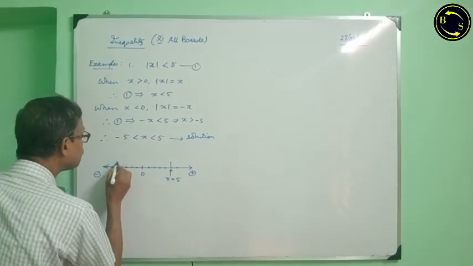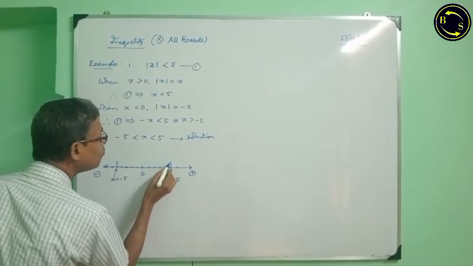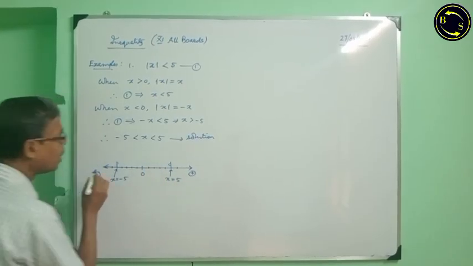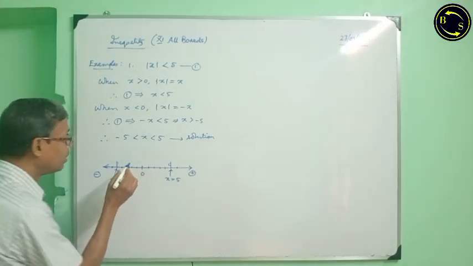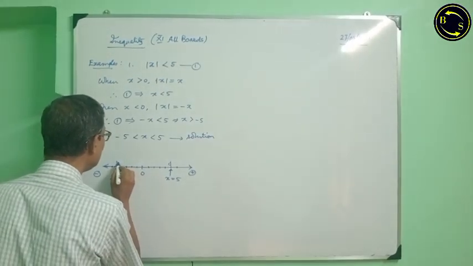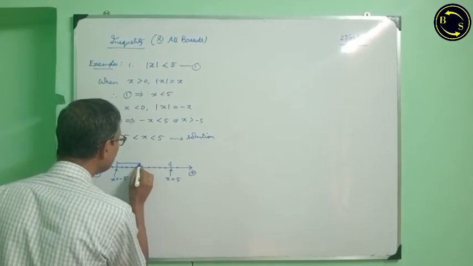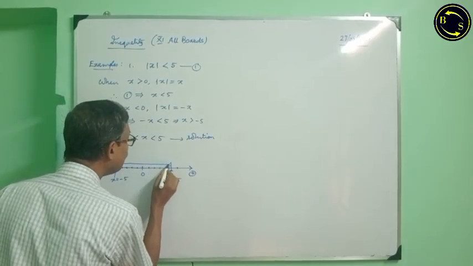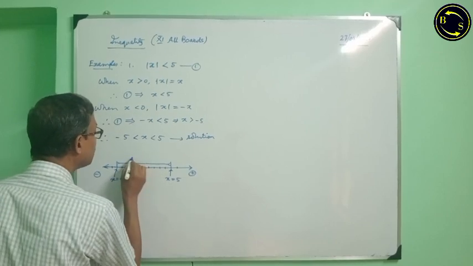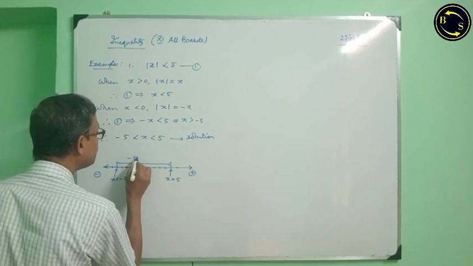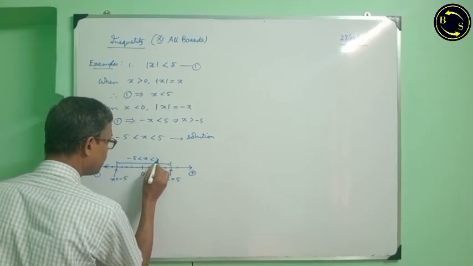Therefore, we have to exclude this by putting caps. Then we join these two and write over that minus 5 less than x less than 5.